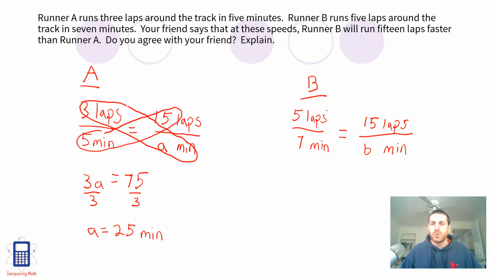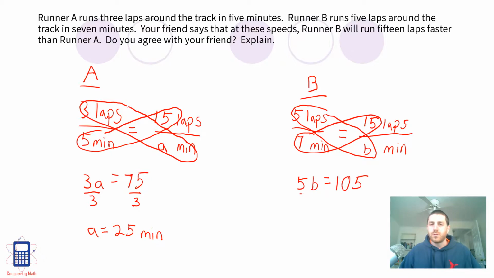And again, we'll cross multiply. So we'll circle these, and we have 5 times B, or 5B, equals 7 times 15, which is 105. And if we divide both sides by 5 to get B all by itself, we find that B equals 21 minutes. So same answer we got before.